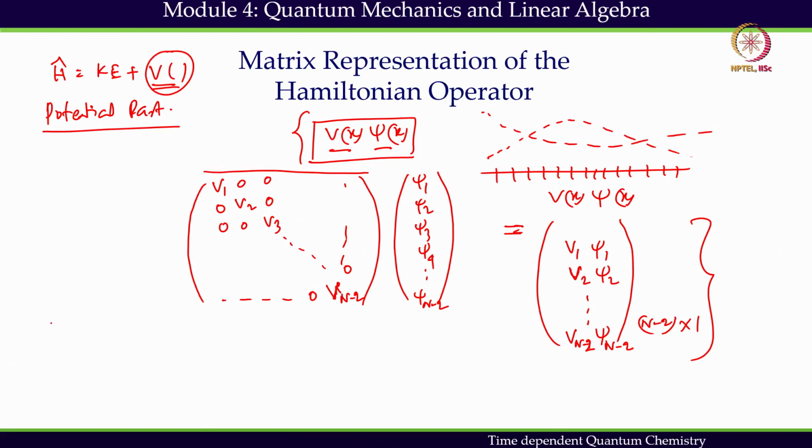So, the conclusion we have is that the potential part, which is only x dependent, gives me a diagonal matrix, and the kinetic part gives me a tridiagonal matrix.